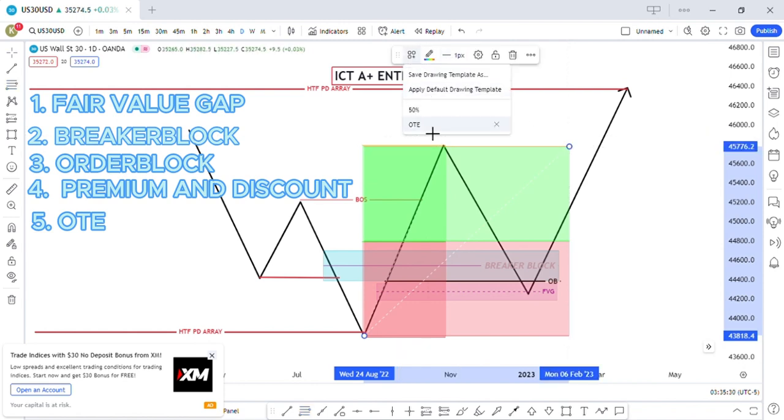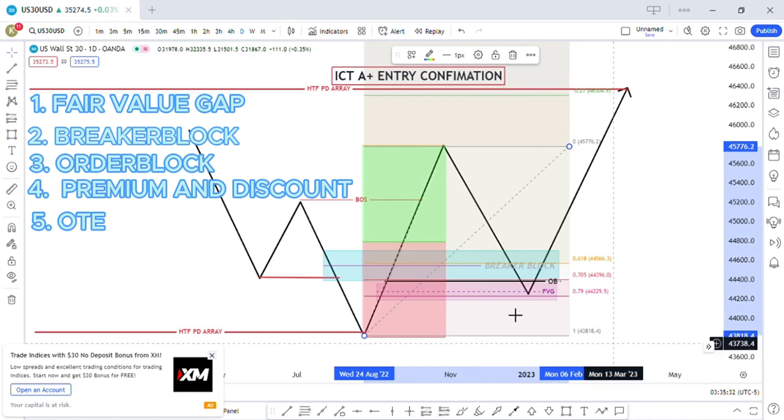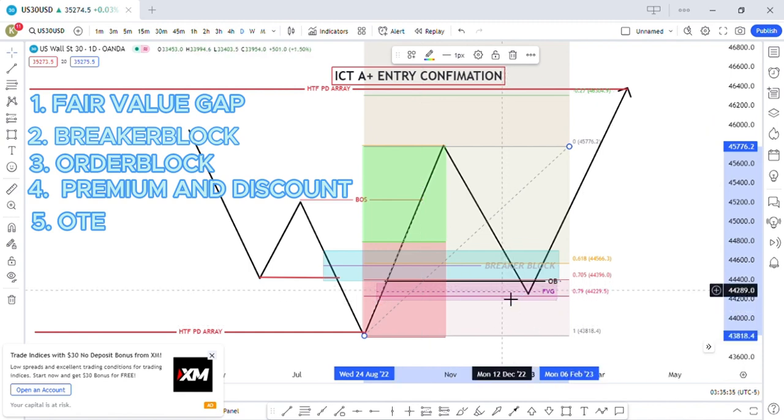You look for your OTE, then you realize the market is perfectly in your OTE zone. So if you check, you have a breaker block which is valid. You can get an entry at the breaker block. You have a fair value gap. You can enter at the fair value gap. You have an order block. You can enter at the order block. Then you have an OTE. You can enter at the OTE level.